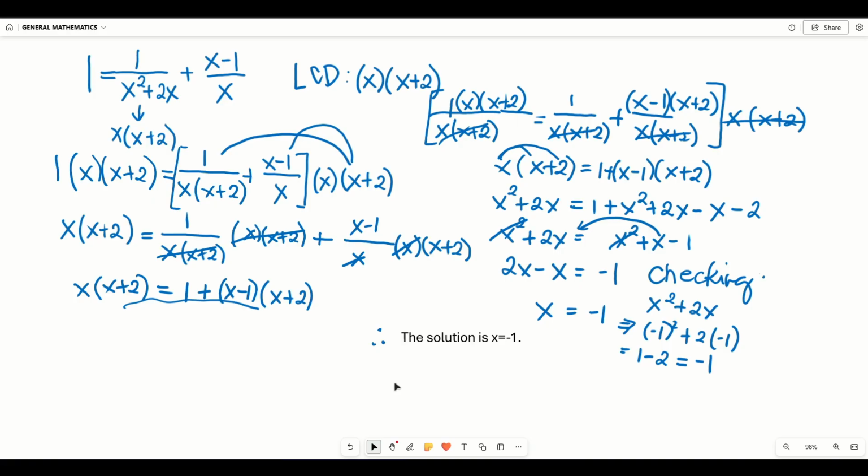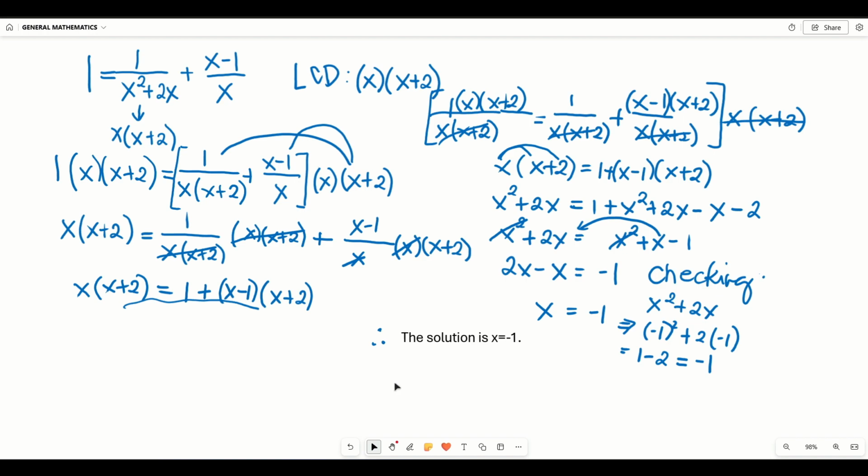And then if hindi naman linear, or if ang degree is 2 or higher, then you need to make one side of the equation 0 for you to be able to factor it out. And then after you were able to solve for x, you need to check if the resulting value of x ay hindi magre-result ng 0 to the denominator dun sa original na rational equation.